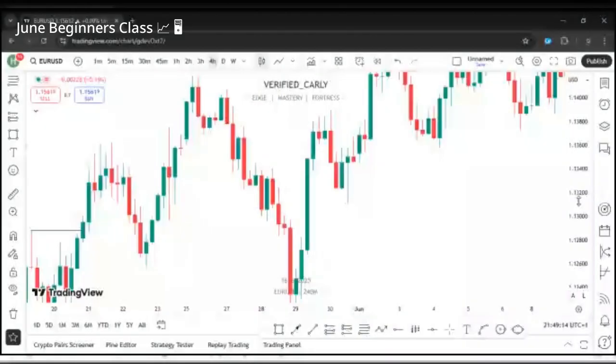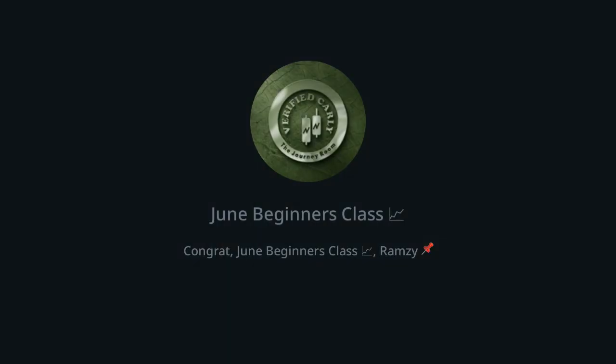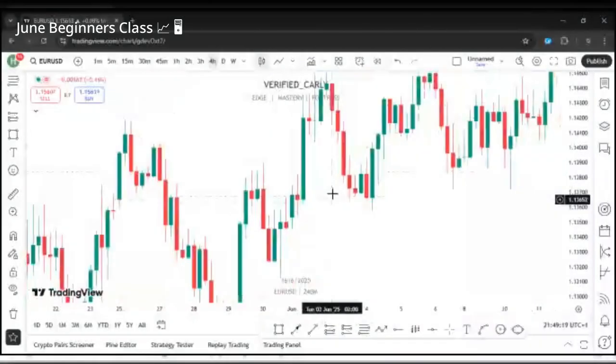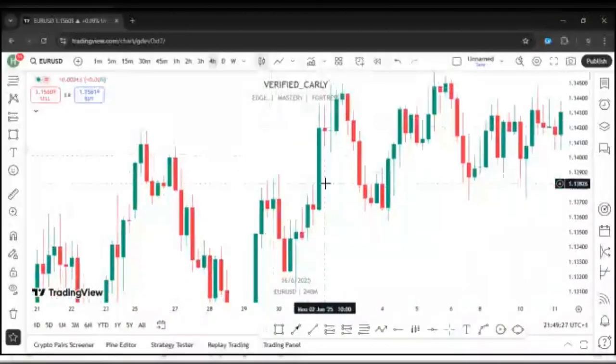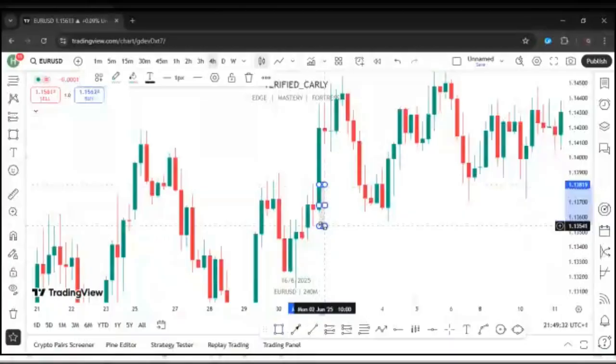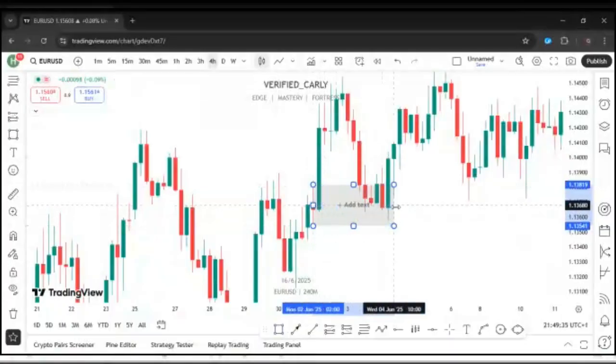But if you want to spot it very well, we'll zoom down to a lower time frame, because this is what caused the break of structure. If you are seeing it clearly, this is what caused the break of structure, not the down one, this one right here. So price came back to mitigate it.